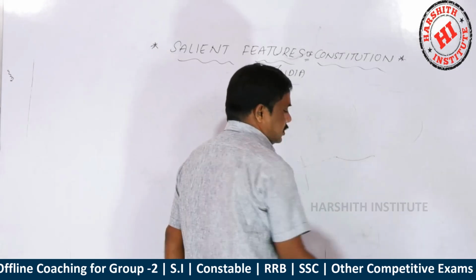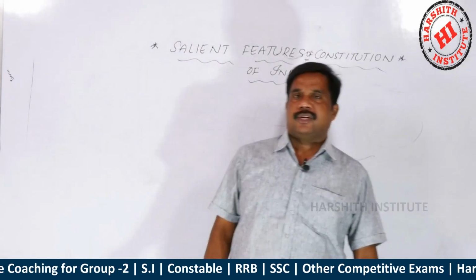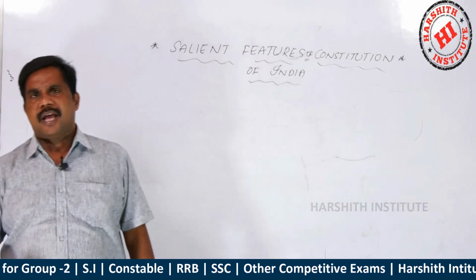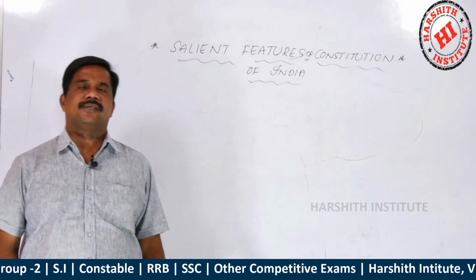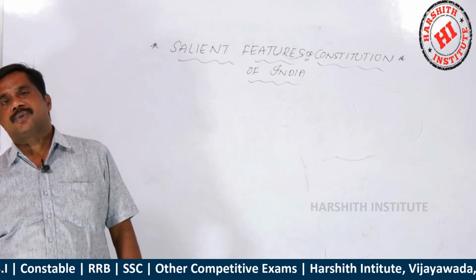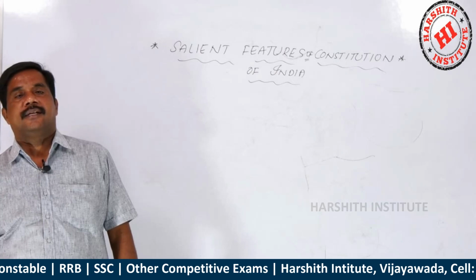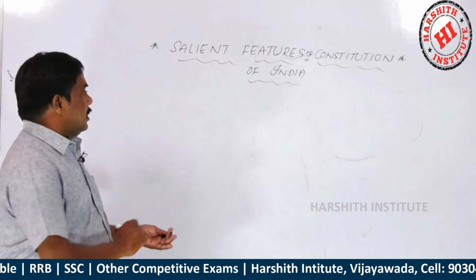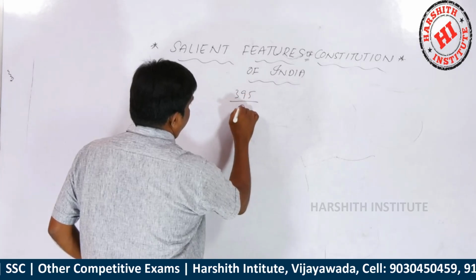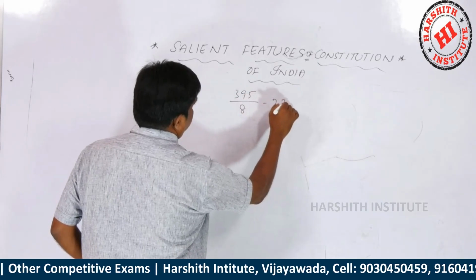The American and Australian constitutions have only a small number of articles, small constitutions. But the Indian Constitution is the biggest: in the beginning it had 395 articles, 8 schedules, and 22 parts.